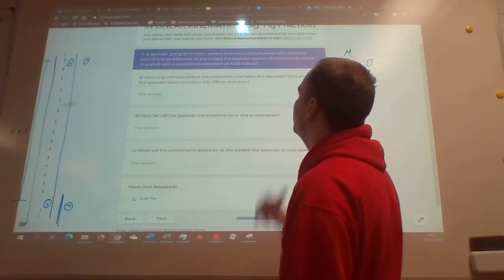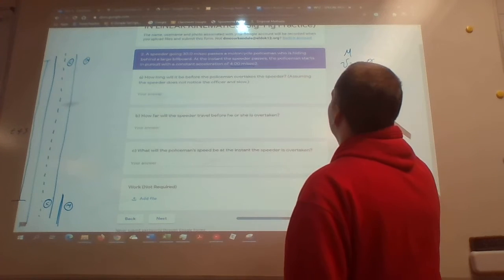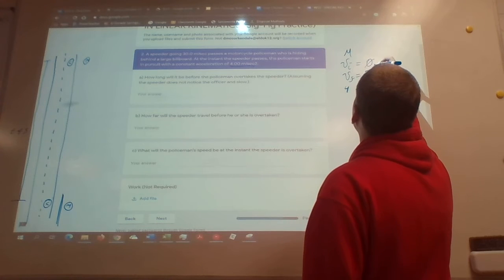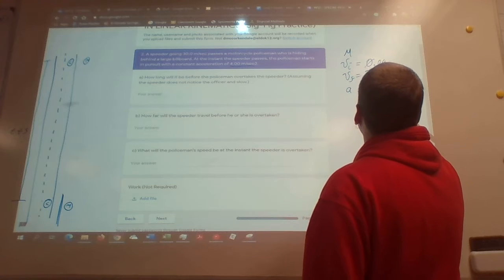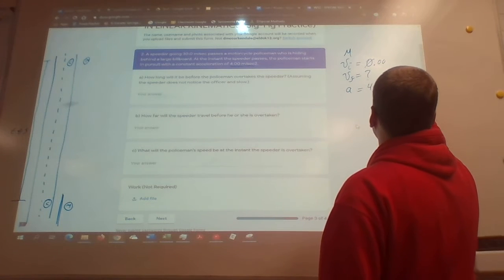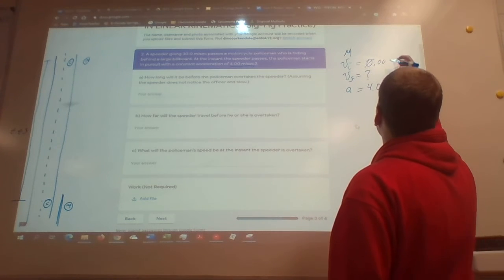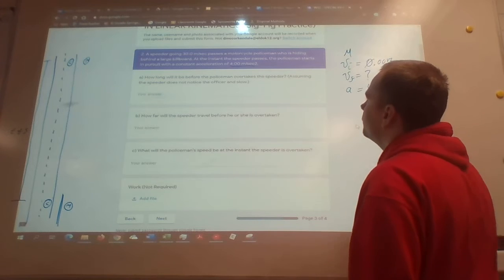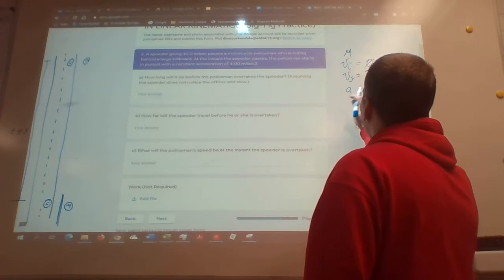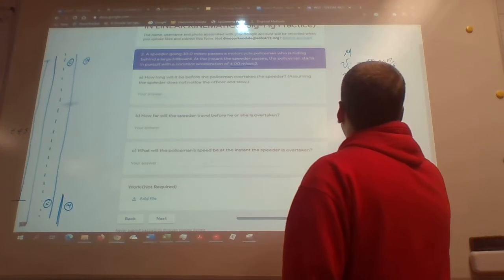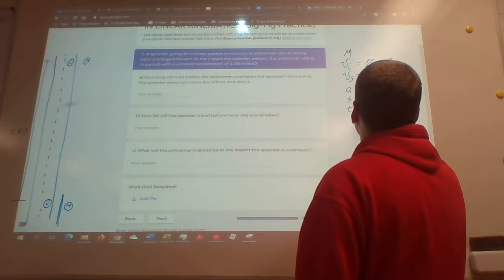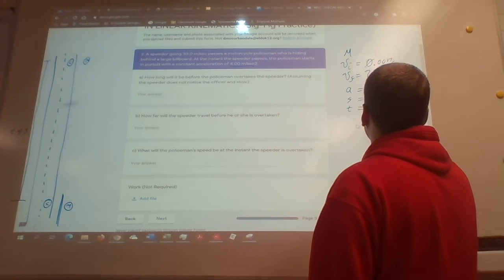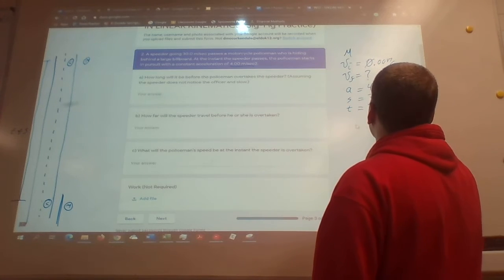His acceleration equals 4.00 meters per second squared. The distance traveled, we do not know. That's one of the things we're trying to find. And the time that has passed is one of the things we're trying to find. So these are the 3 things we want.